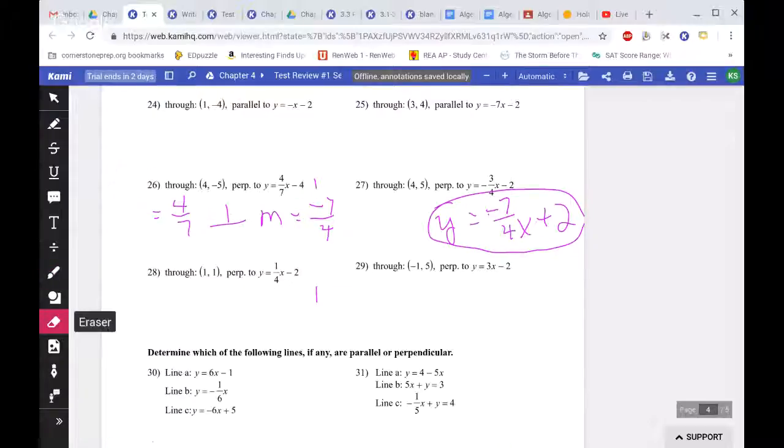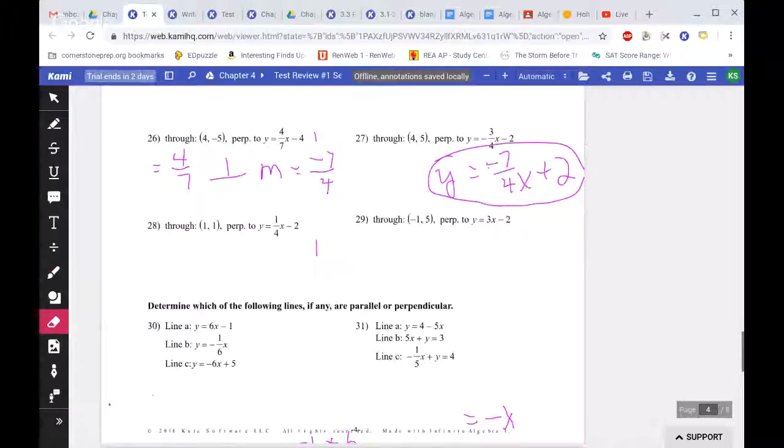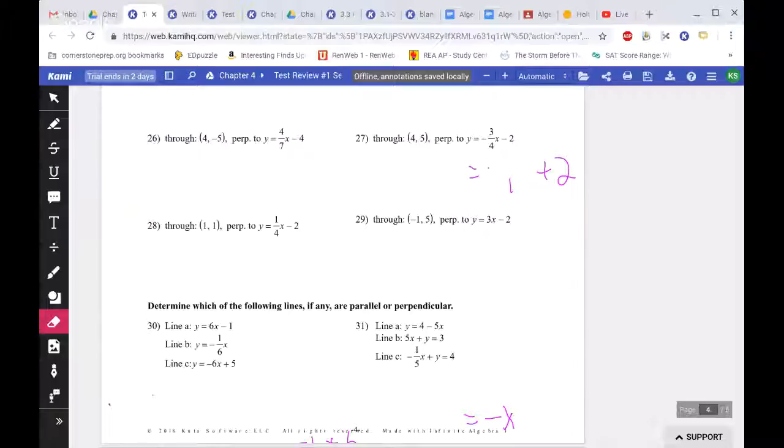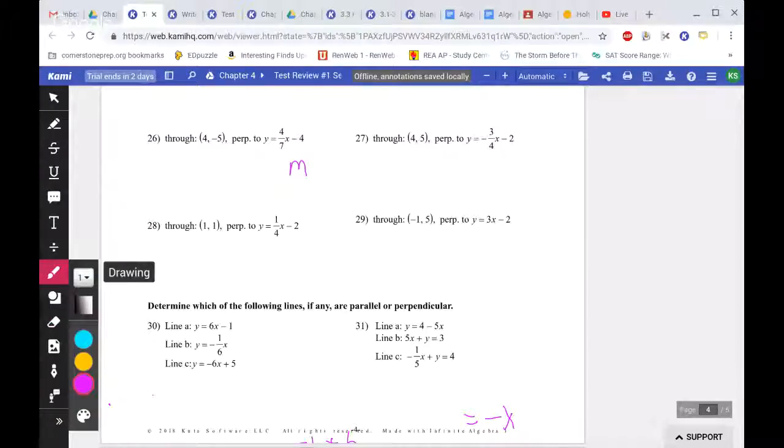All right. So on that note, let's then move to number 27. So somebody, while I'm erasing, and I don't want to waste anybody's time, somebody tell me for number 27, what would the slope of the perpendicular line be for this one? Opposite reciprocal. 4/3. Oh, -4/3. Positive 4/3. Good job.